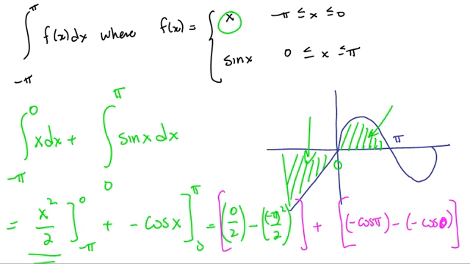All right, so this is simplifying, and since I'm going to do that up here, so this is 0 minus pi squared over 2. Cosine of pi, think about the cosine function.